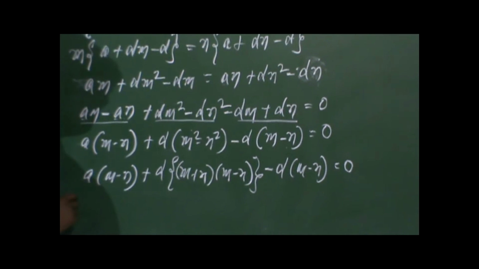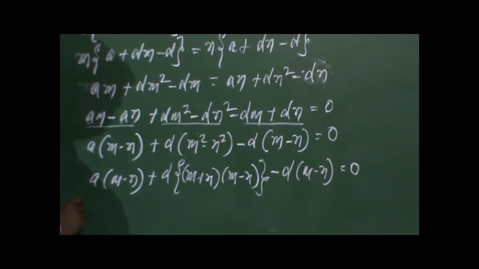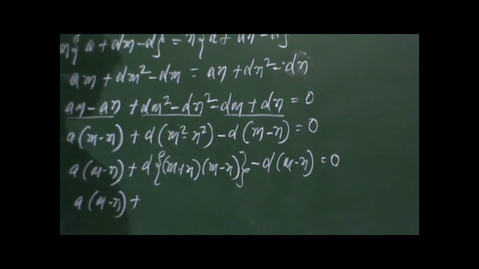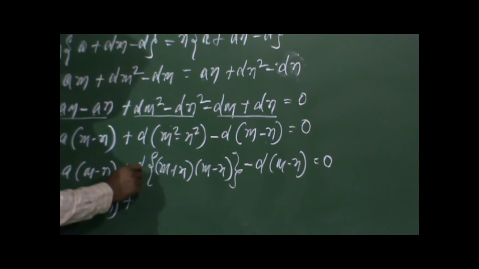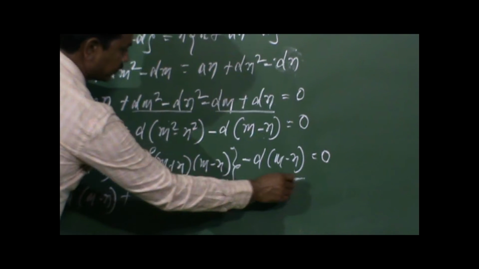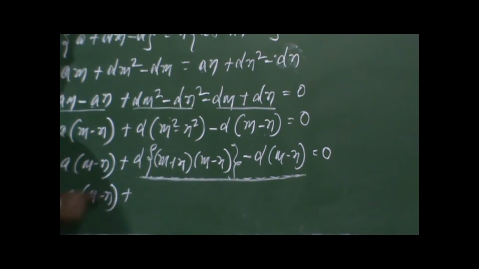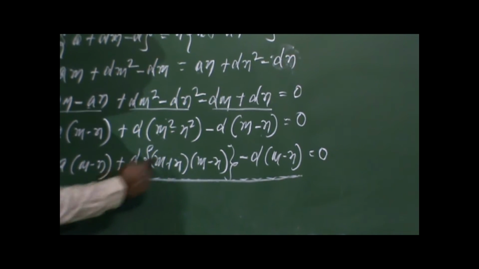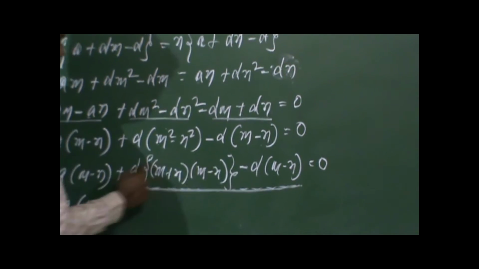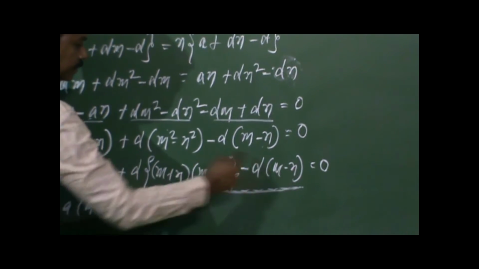We'll go to the next step. So out of A into M minus N plus, you can take here D in these two terms. In these two terms, if you consider, you can take D and M minus N as common, because D is present in both the terms and M minus N is present in both the terms.